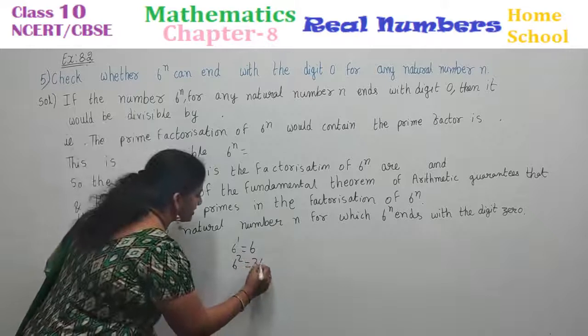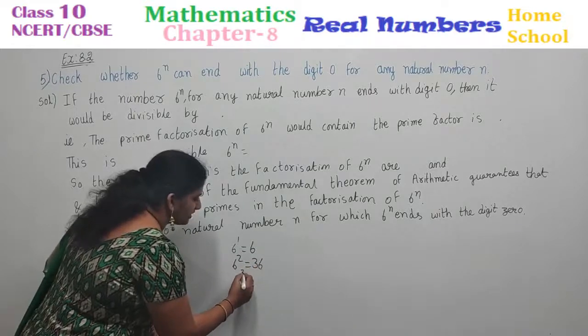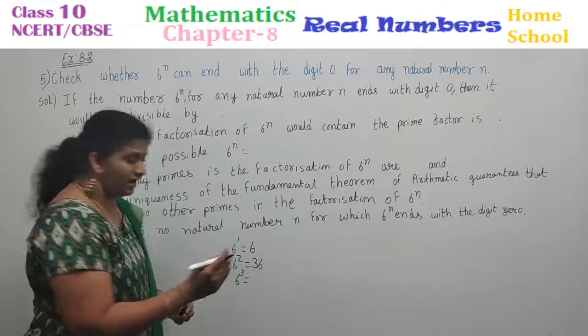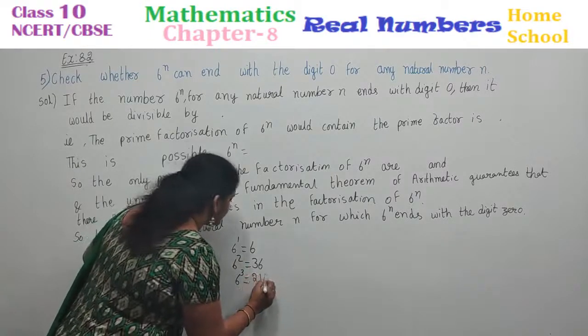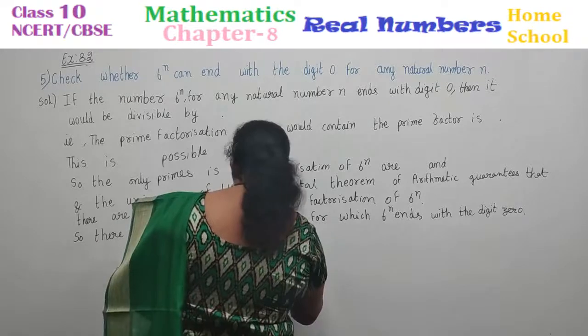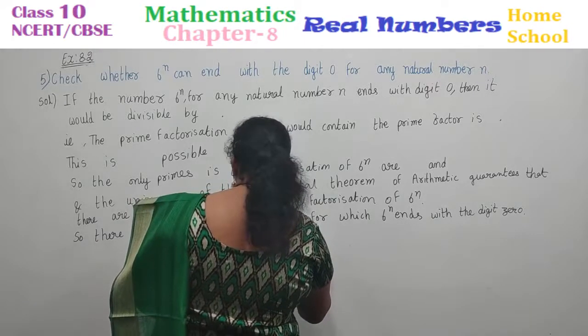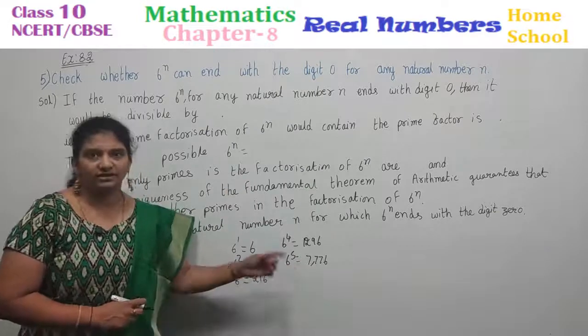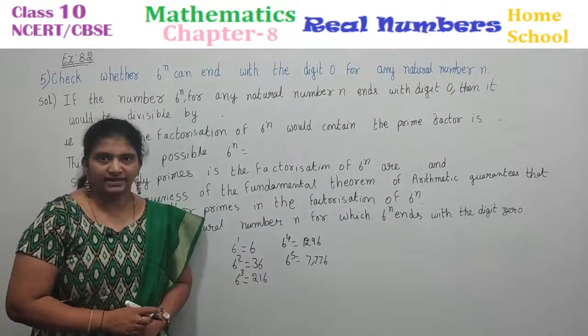Similarly, 6 power 2 means 6 6s, 36. Next natural number is 3. 6 cube means 6 6s are 36, 36 6s are 216. Similarly, 6 power 4 is equal to 1296. 6 power 5 is equal to 7776.